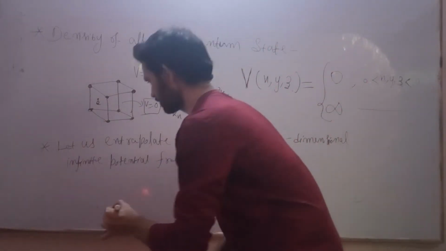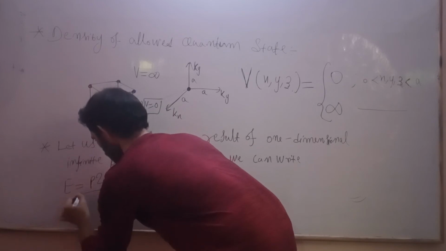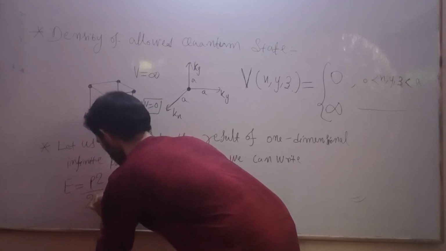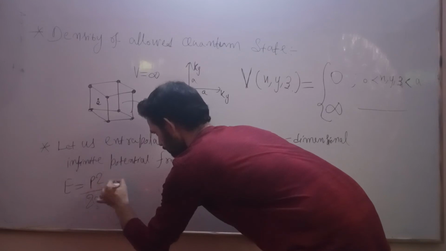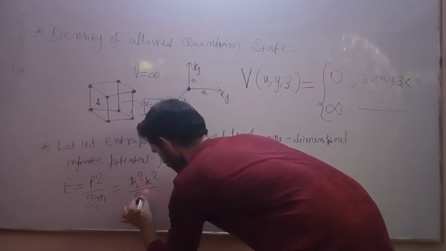See here, the energy versus momentum equation: E is equal to p square by 2m. Yes, this we know very well. With p equal to h cut k, E is nothing but h cut square k square divided by 2m.